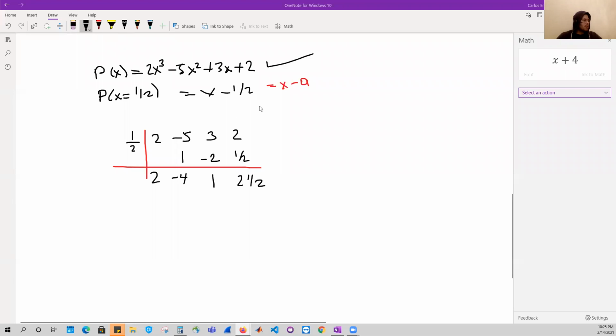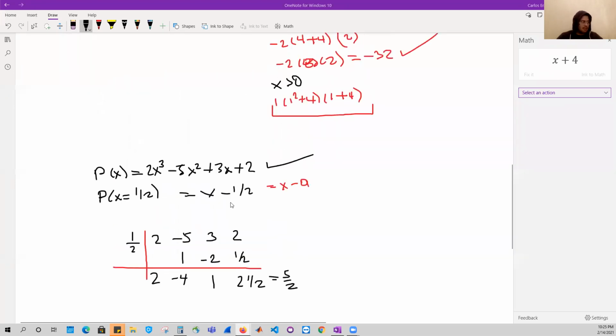So let's remember that we can put this as 5/2. And again, going back to the remainder theorem, it says that the remainder of this division is going to be equal to p of a.